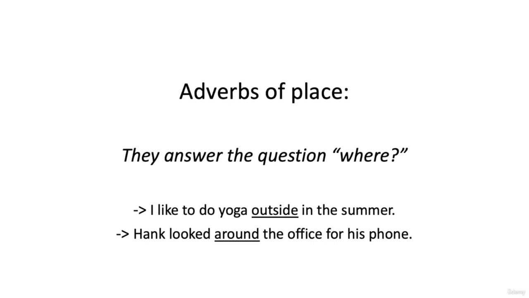We cannot say, outside, I like to do yoga in the summer. The adverb outside cannot be at the beginning of a sentence. Hank looked around the office for his phone. The adverb around describes where Hank is looking.